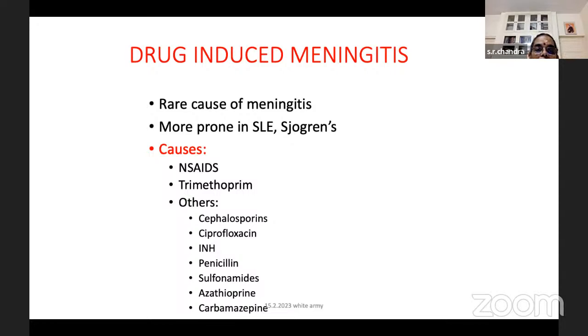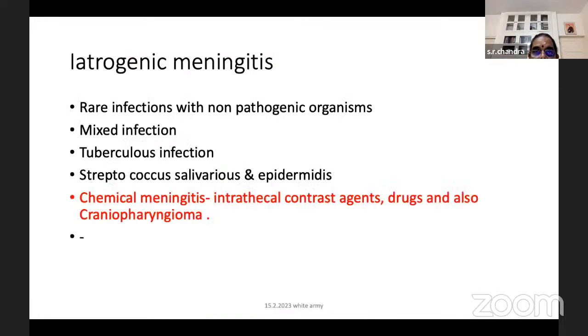And rare causes of meningitis are seen in patients with autoimmune diseases. Steroids can produce meningitis, trimethoprim can produce meningitis, and drugs like cephalosporin, ciprofloxacin, INH, penicillin, sulfonamides, azathioprine, carbamazepine, all these can produce drug-induced meningitis. Craniopharyngiomas can produce chemical meningitis.